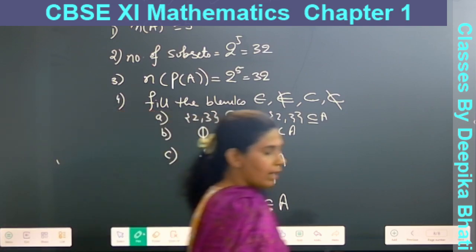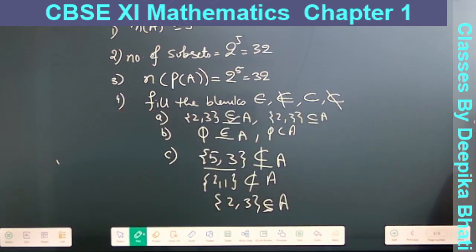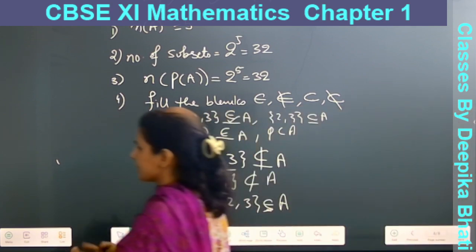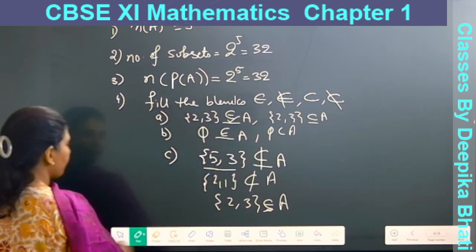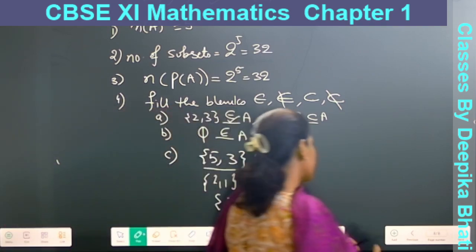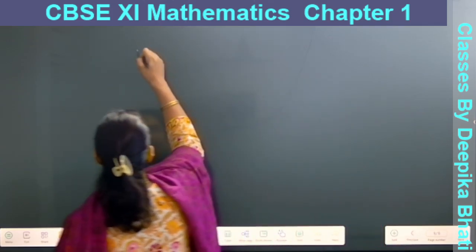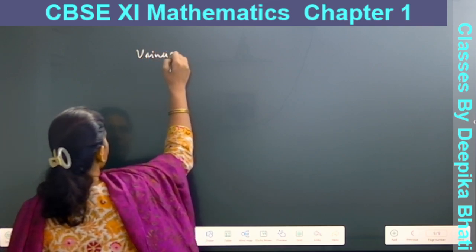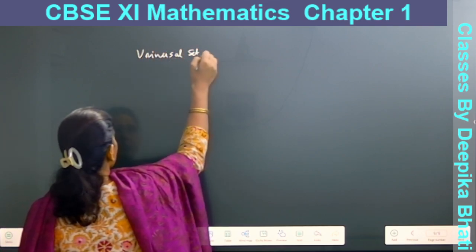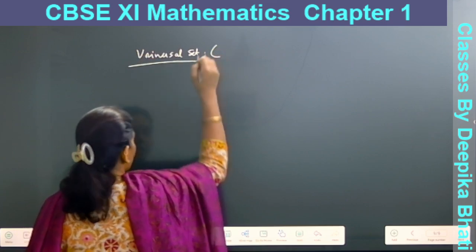One more thing I want to tell you about subsets. Universal set basically. What is a universal set? Basically universal set works as a superset also. Superset or universal set are the same thing. Let me take you towards the definition of universal set. Universal set.